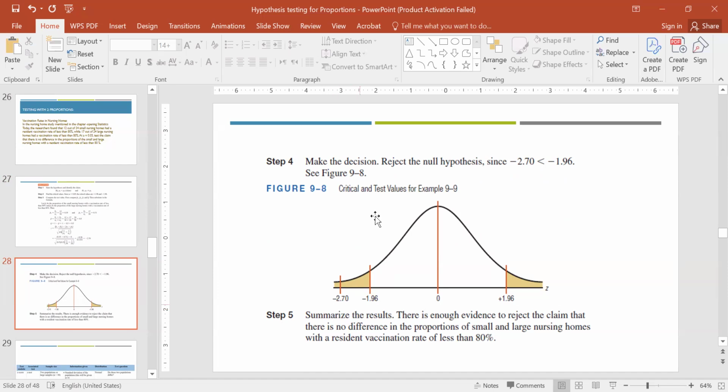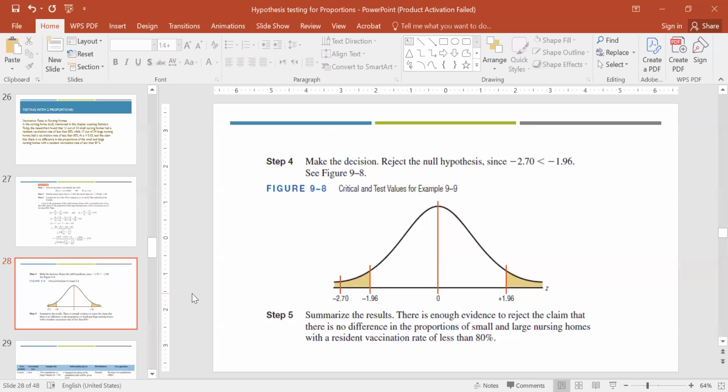So we will reject the null hypothesis. In step 5, we have to conclude and summarize the result. So there is enough evidence to reject the claim that there is no difference in the proportions of small and large nursing homes with a resident vaccination rate of less than 80%. So we will be rejecting the null hypothesis.